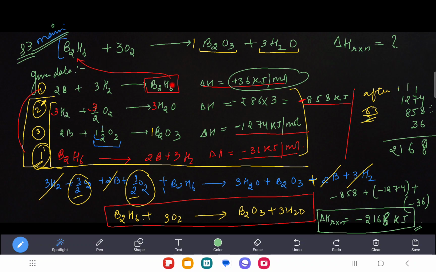So using the heats of formation, we were supposed to calculate the heat of a particular reaction that is given in the main question. Not necessarily every time the energy would be heat of formation, but sometimes in these questions that you're doing for the start, they have heats of formation. Now, identify in this question now.